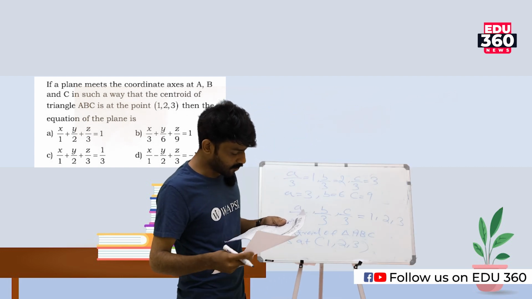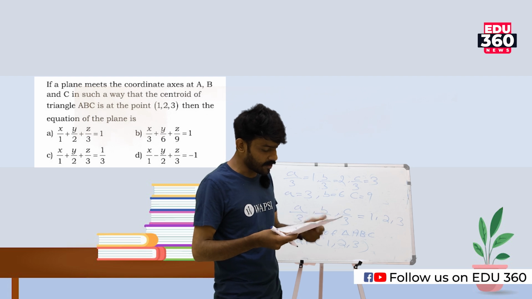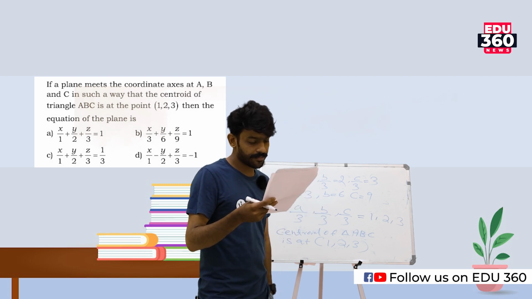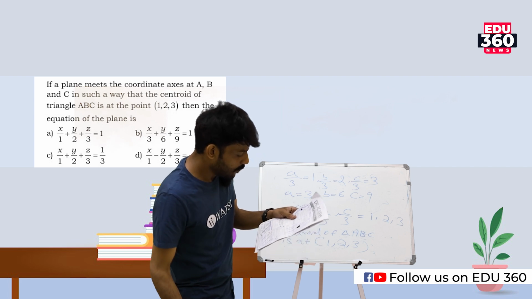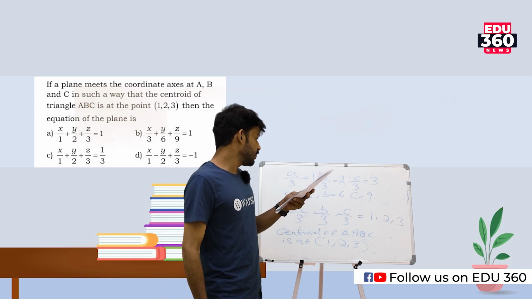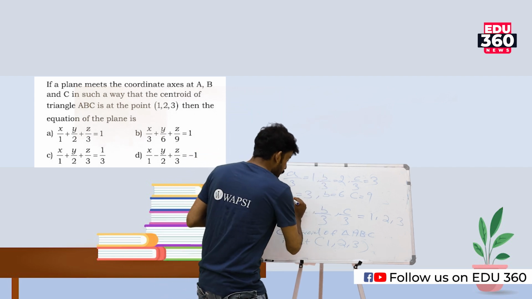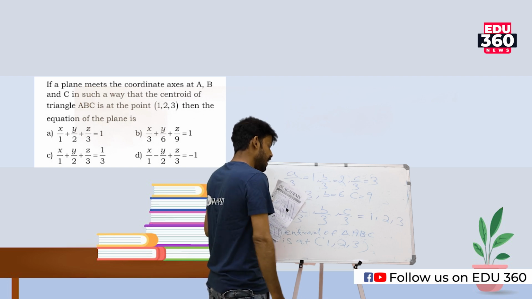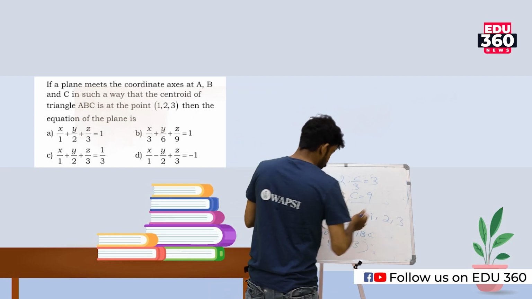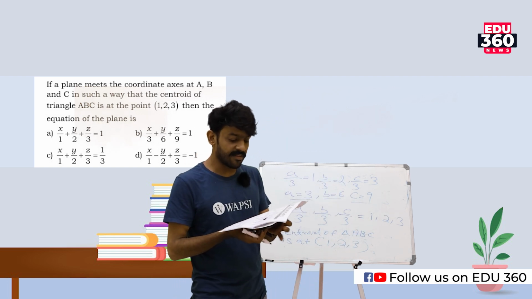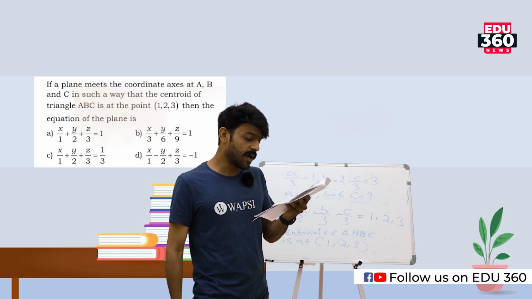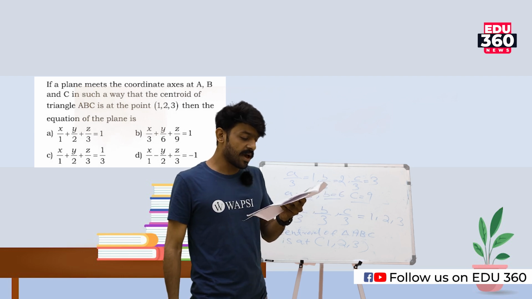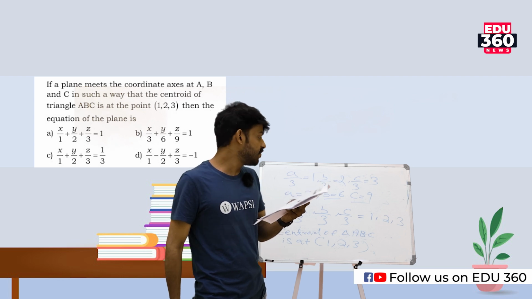Now look at the options. There are 4 options, and we need to find the equation of the plane. What is the value of A? A is equal to 3, B is equal to 6, and C is equal to 9. So for this one, the second option is correct. Look at the second option: X by 3 plus Y by 6 plus Z by 9 is equal to 1.